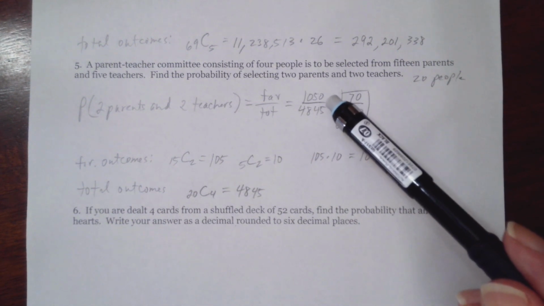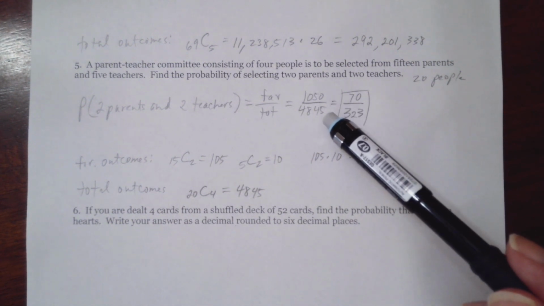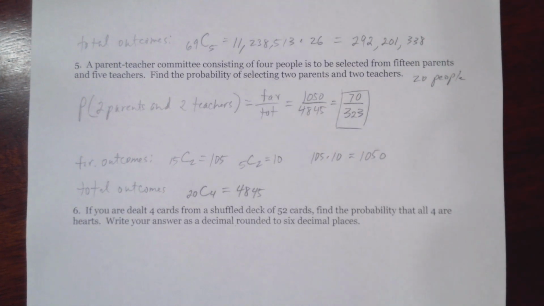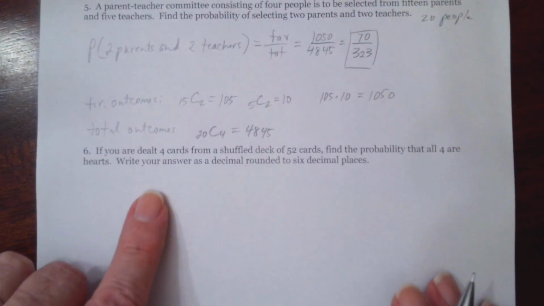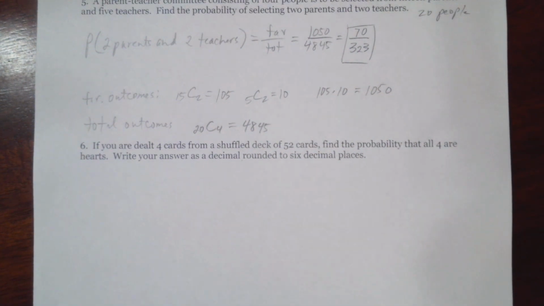Just do 1050 divided by 4,845, and you would write your answer as a decimal. In this last problem, that's what we're going to end up doing. So I would encourage you to try this one. It's using the same ideas as what we've been doing with combinations, and then watch the video.